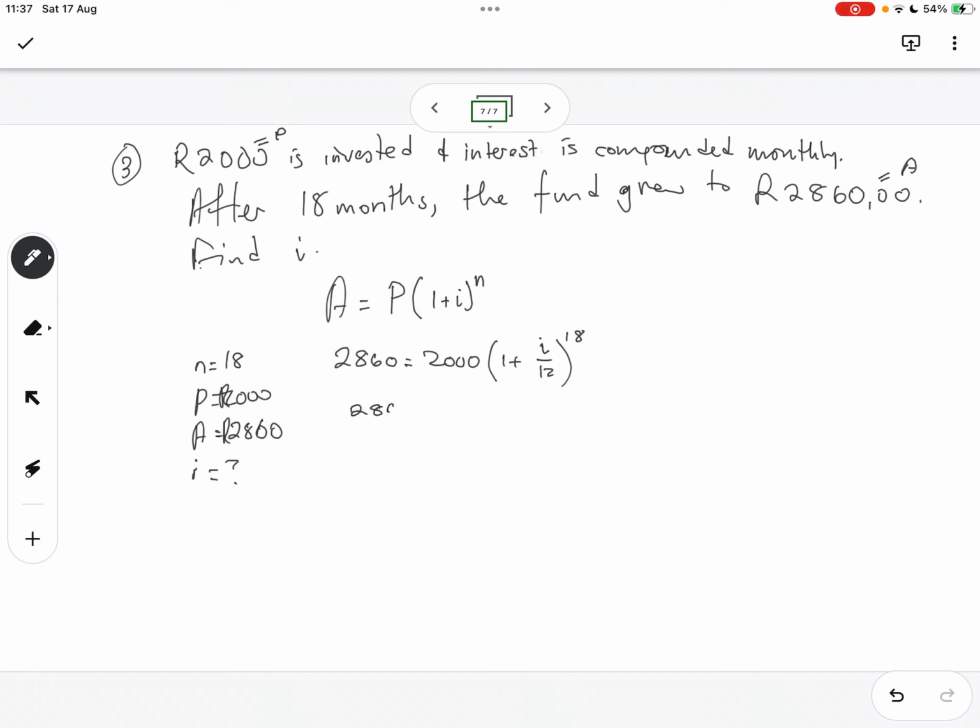Let's not go there. So then we would divide 2,860 by 2,000. And this will give us, to the power 18, 1 plus i divided by 12.